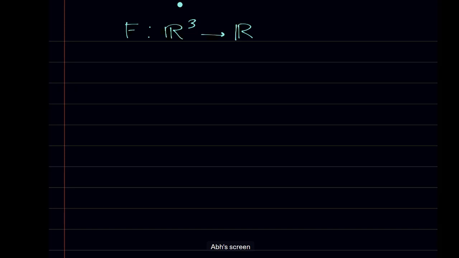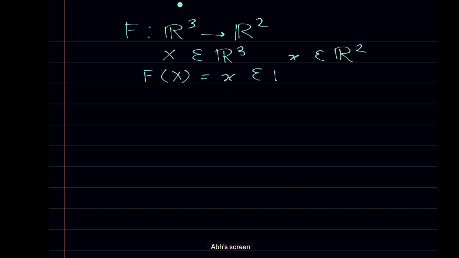This map, what it does: consider you have X belongs to R3, and consider you have a small x, sorry, this is R2, small x belongs to R2. That means when your map acts on the capital X, whatever result you get, which is small x, will belong to R2. Some people will write directly that f of X belongs to R2. This can also be written.